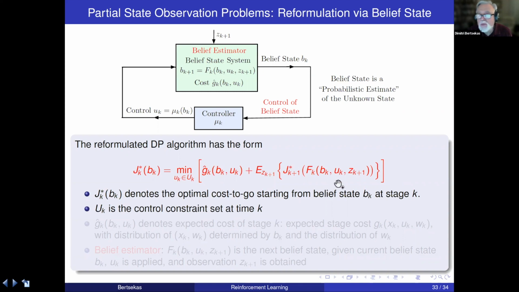However, reinforcement learning allows you to deal with problems like that by introducing cost function approximation, by introducing rollout, by introducing approximate policy iteration, and all that. This, of course, is very complicated because of the more complicated nature of the belief space, but it has been done and it's possible, and the methods that we're going to be discussing are suitable for this purpose.